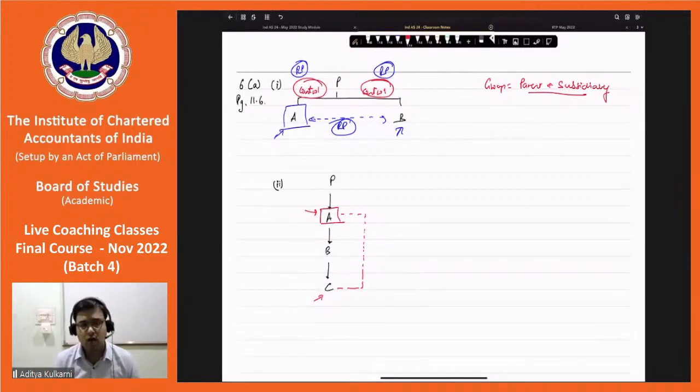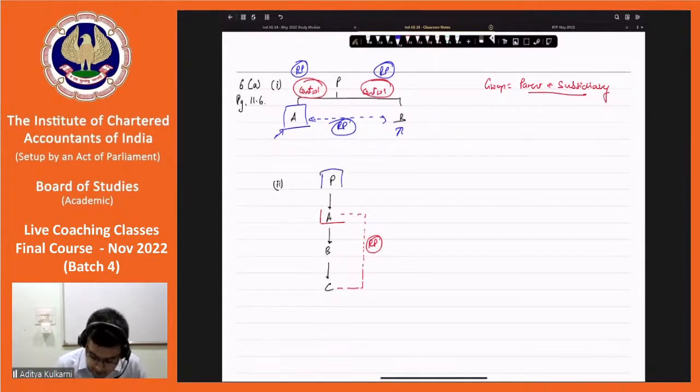So now A and C are members of the same group, and therefore C is a related party for A. So are they related parties? Yes, they are related parties. We then move on to another case.